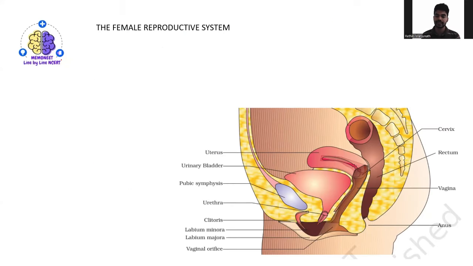Now all the things that consist in the female reproductive system. In the female reproductive system, you will see a pair of ovaries along with a pair of oviducts.